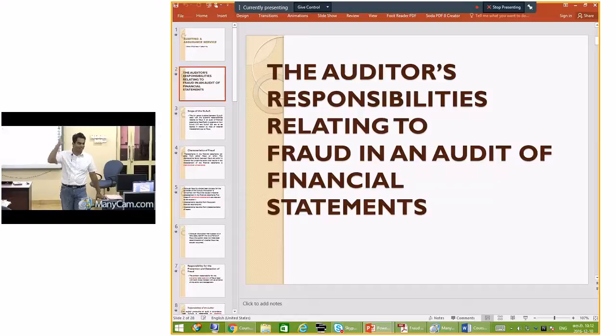Again, we are not doing the audit to detect the frauds. Our objective is to form an opinion on the financial statements. In that process, we do the audit testing. As a result, we may be able to detect the frauds, or the probability of having frauds.